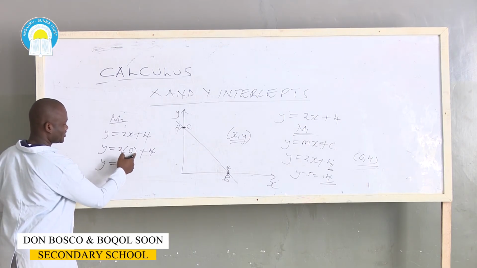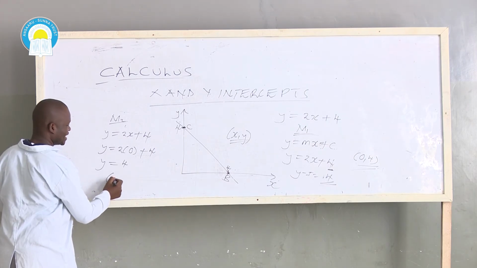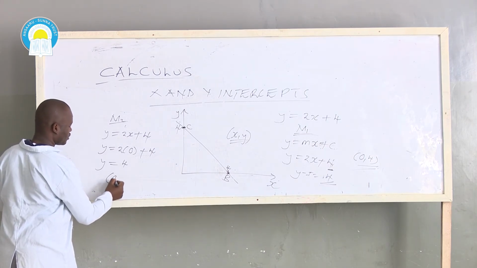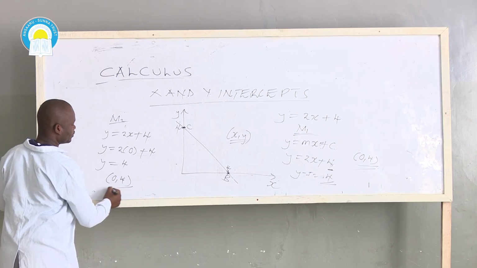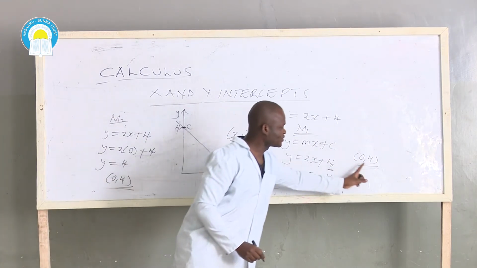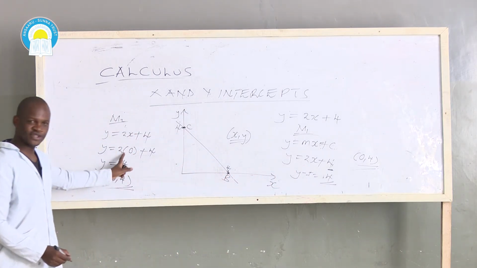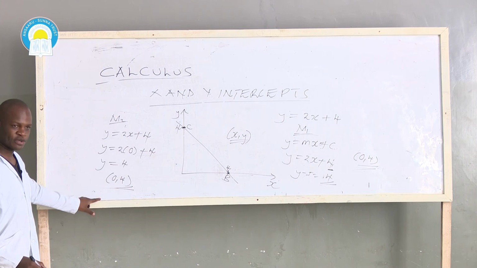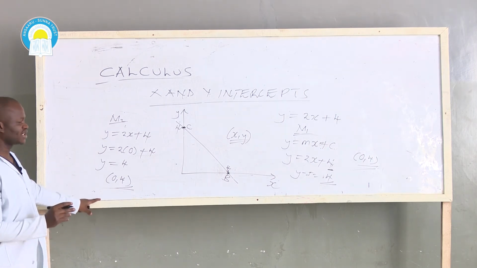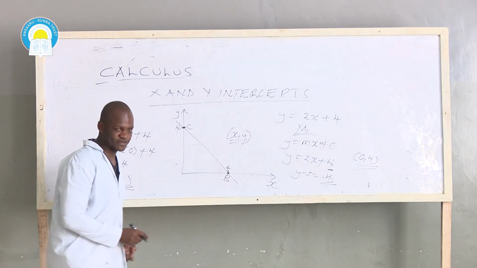So 2 times 0 will be 0. You get your y as 4. Eventually, you give your answer in terms of a full coordinate. So we have the y-intercept using our first approach, and we have the same using the second approach.